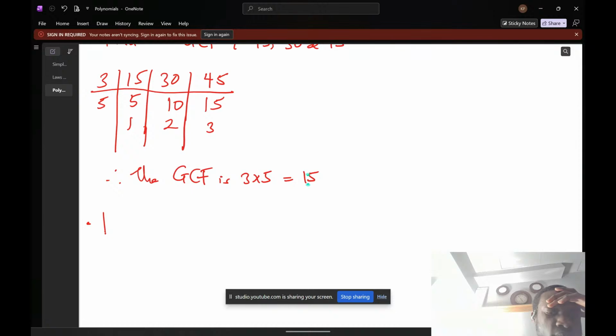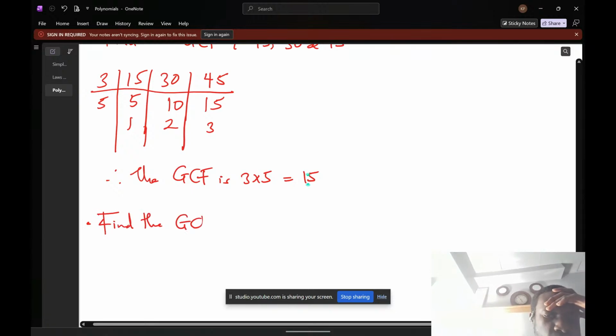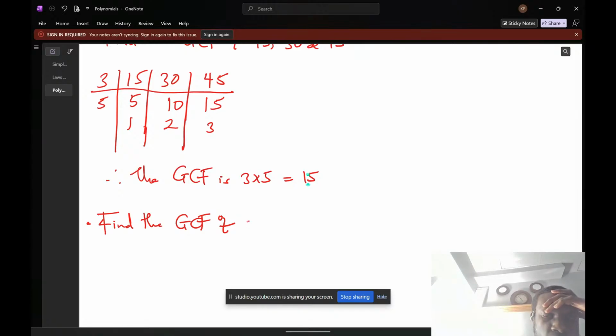Let's do another one. Find the GCF of 24, 64, and 40.